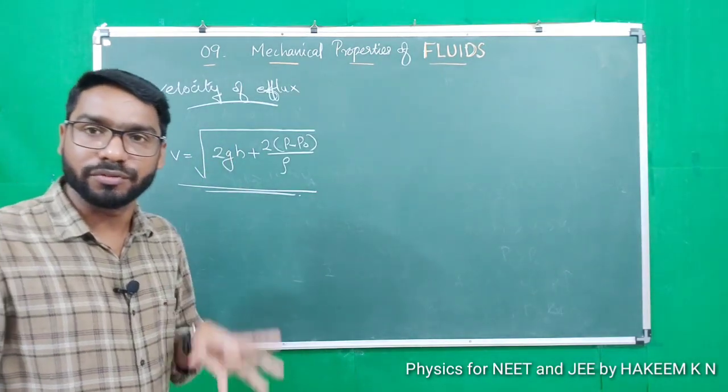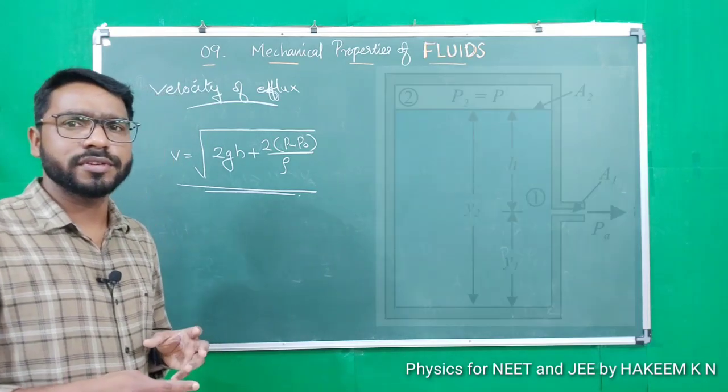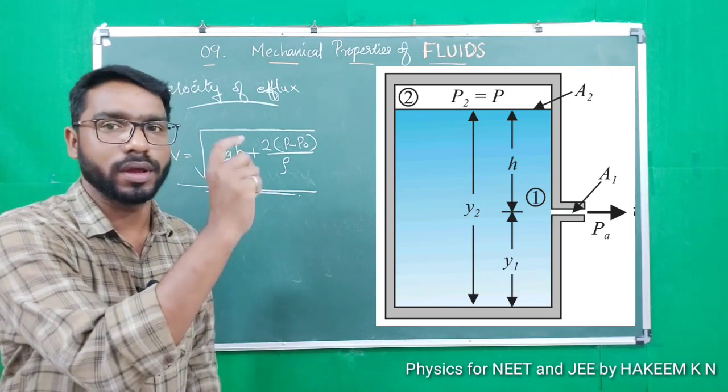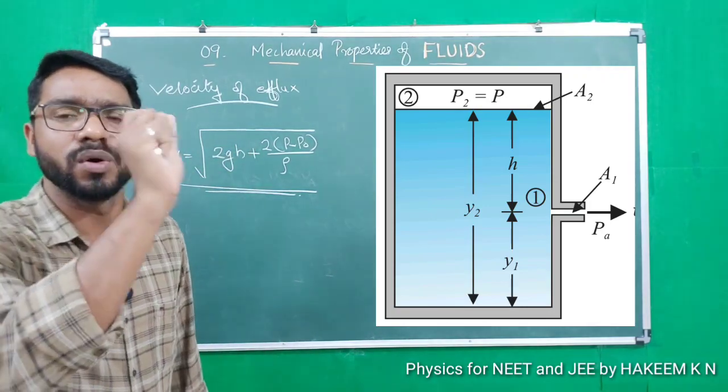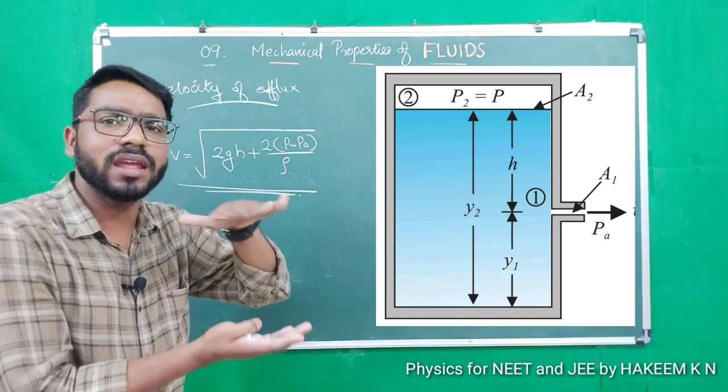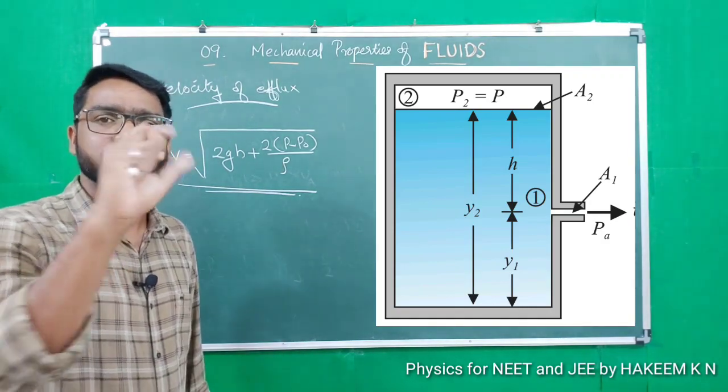Velocity of efflux means velocity of liquid outflow through a hole, a small hole or orifice, meaning the area of the hole is very small.